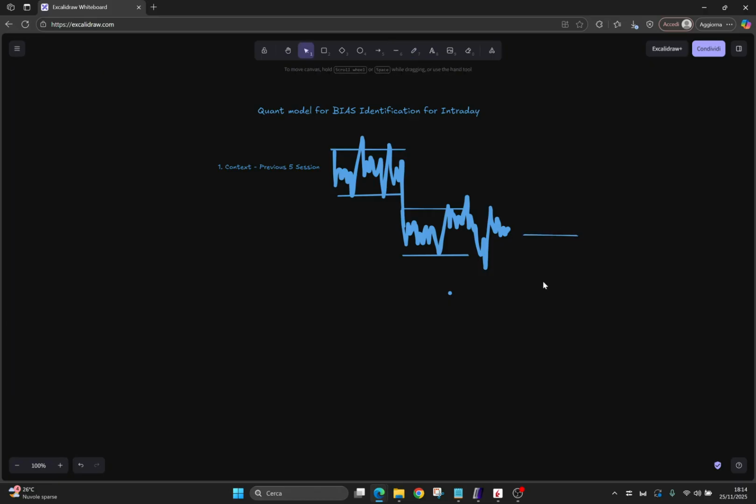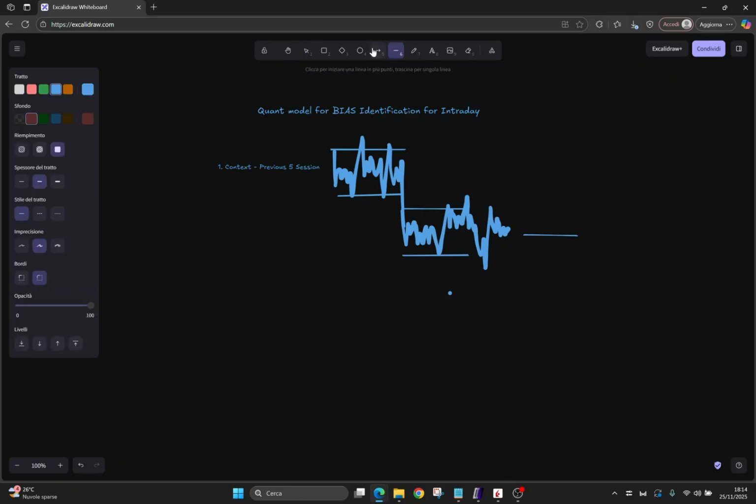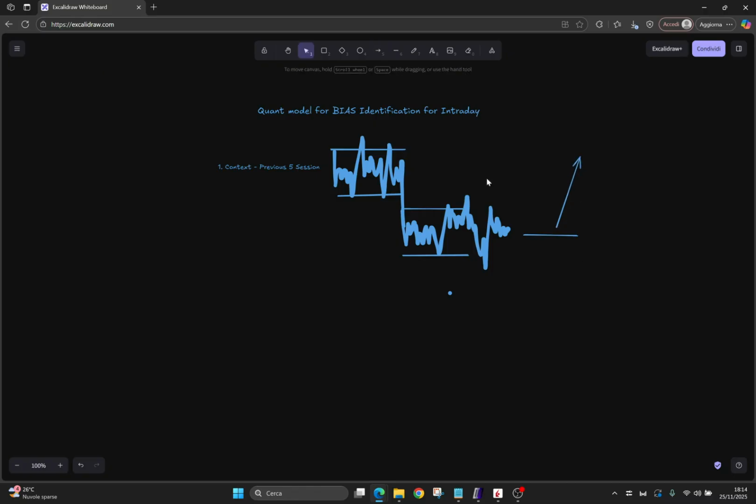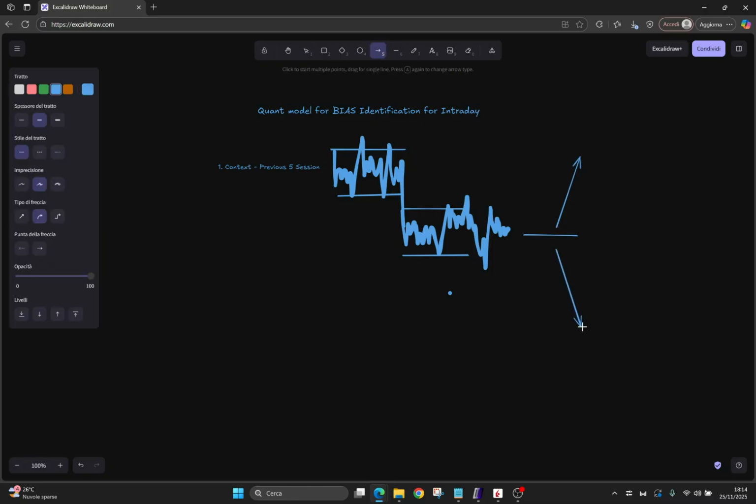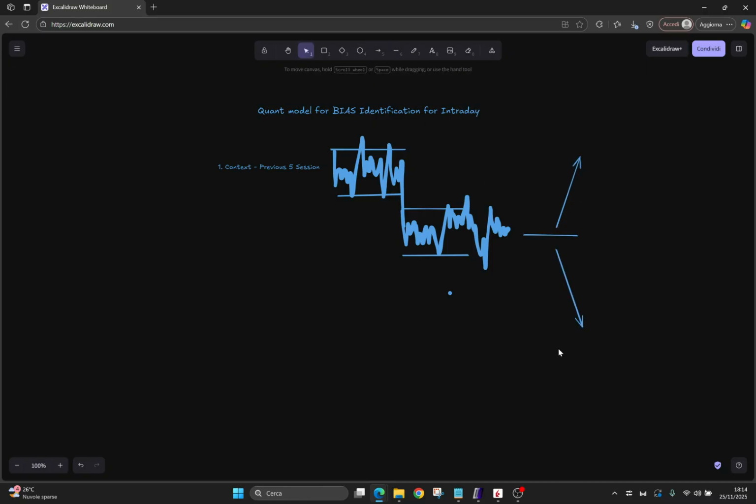How can I understand in a really objective way where is the majority of the probability? So some people will say we will go reverse, some people will say we will continue down, but they never did a statistical model that is able to give us a context of the probability. For this, there are some statistics that were created by Jim Dalton, some others from Volume Trader, but we want to make our own.